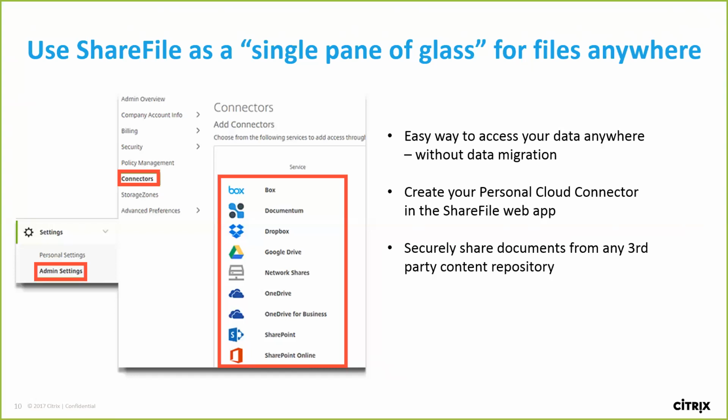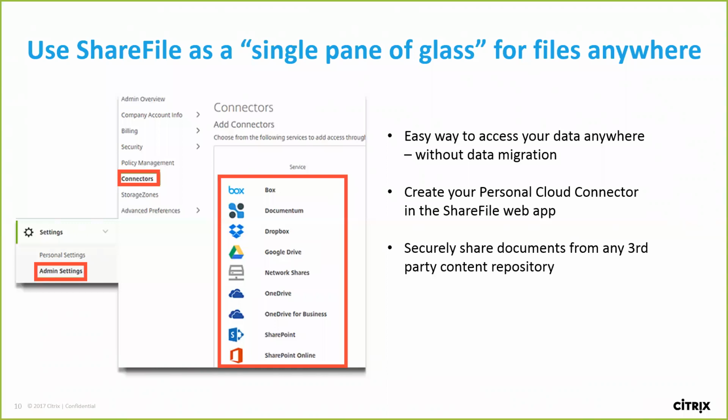Connectors are initially managed by any of the admins in the account who have the permission to manage connectors. Within the admin settings on the screen, your next menu contains a tab called Connectors. Within the Connectors tab are all of the different storage repositories that we allow you to connect with.